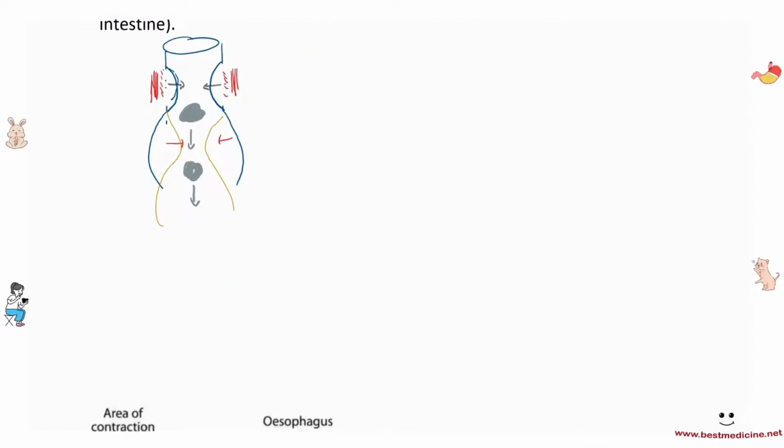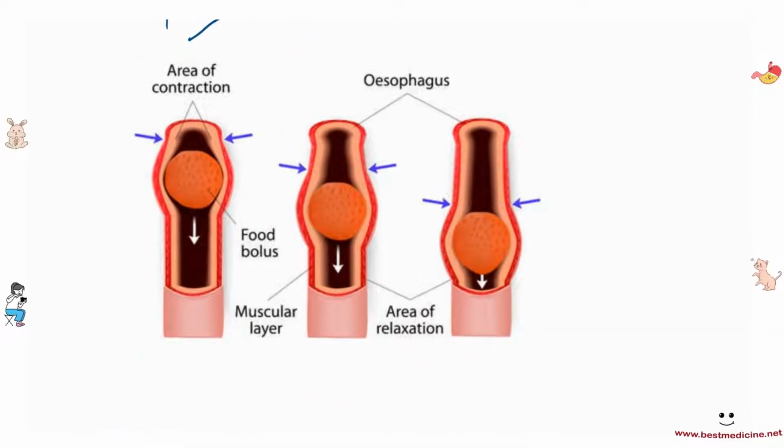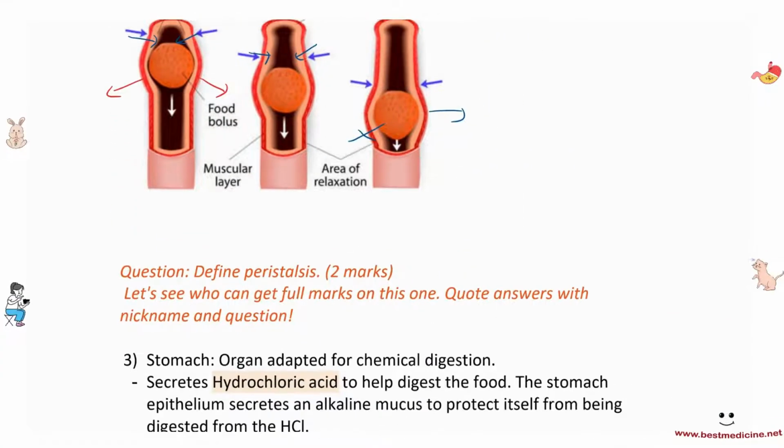So as food is pushed along, eventually it will reach the stomach, and so on. So again, this is another diagram of peristalsis. Remember, longitudinal muscles help dilate, while the circular muscles help contract from the top. Okay? And that's called peristalsis, pushing the food downwards.